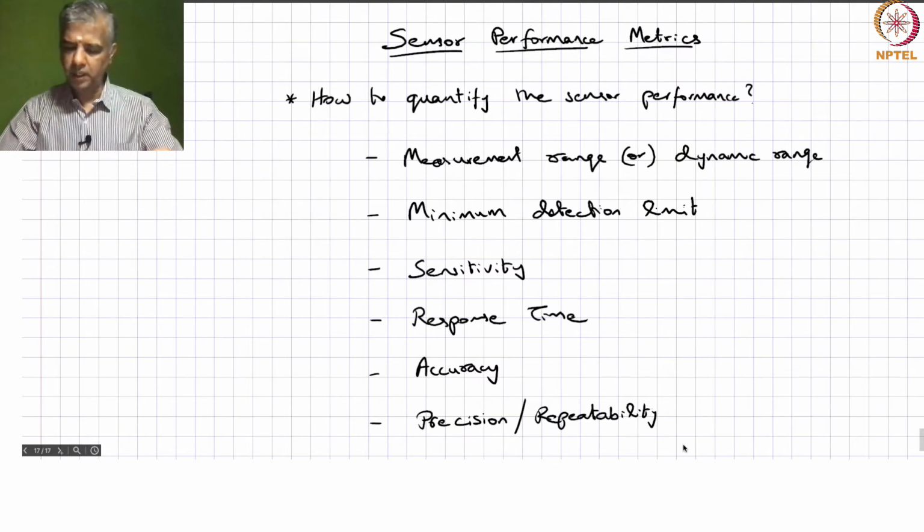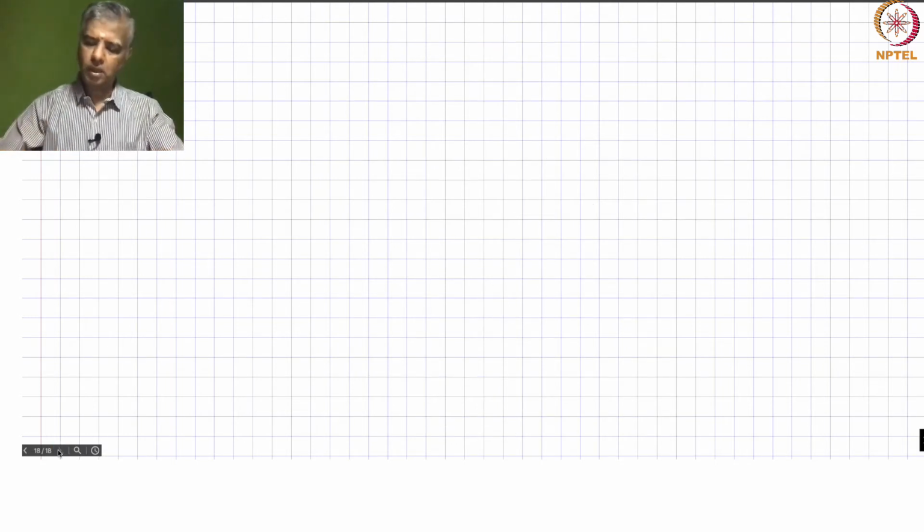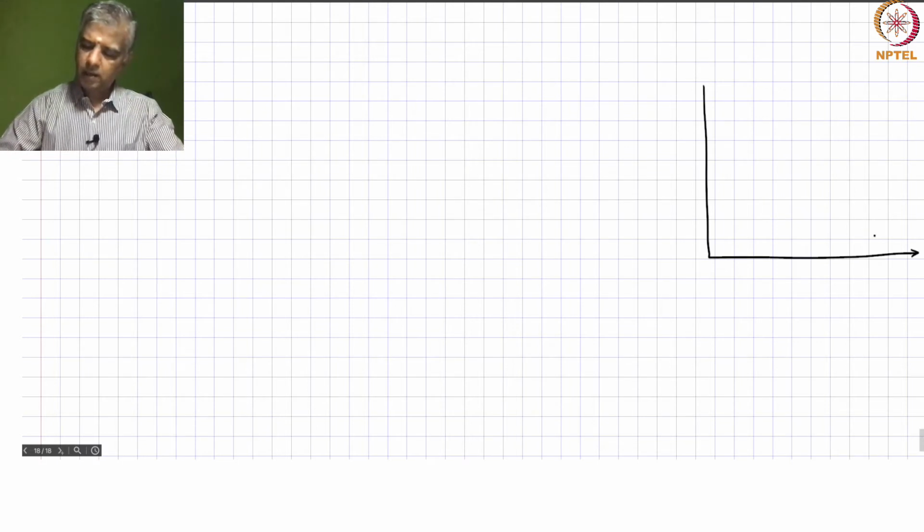So let's go back to where we are at, and let's try to quantify all these parameters, all these metrics, in a little deeper way. The first one is the measurement range. To quantify that, let's look at what an ammonia sensor would do in this case.